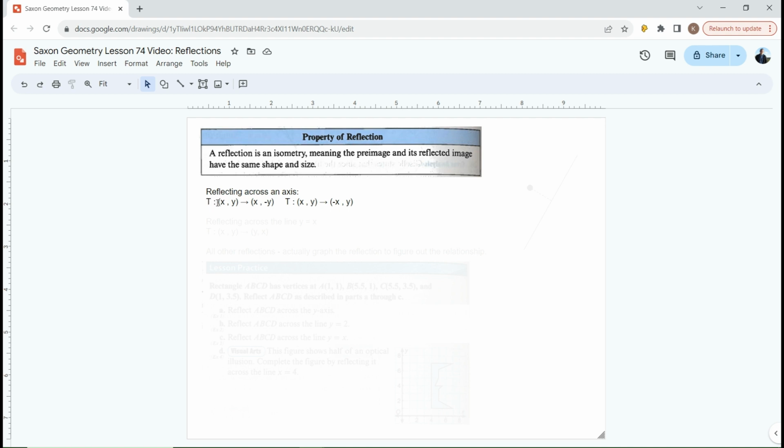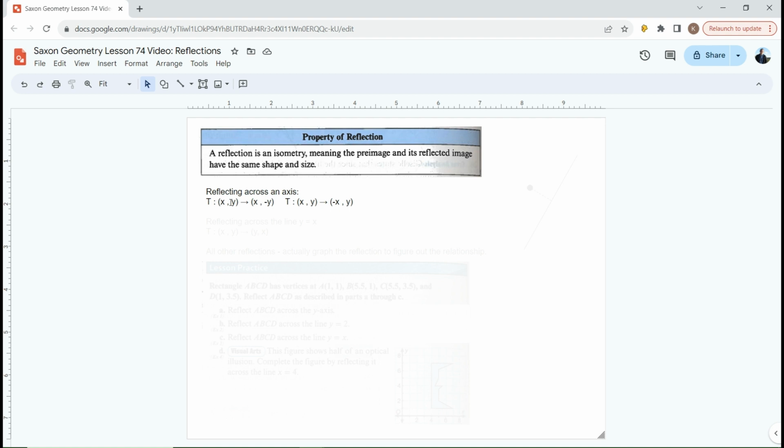We're translating a point x comma y. Notice I have this in point notation, in parentheses, x, y. Then I'm going to transform it so that it becomes x, negative y. What am I doing? I'm just making the y term negative. That is how you reflect something across the x-axis.